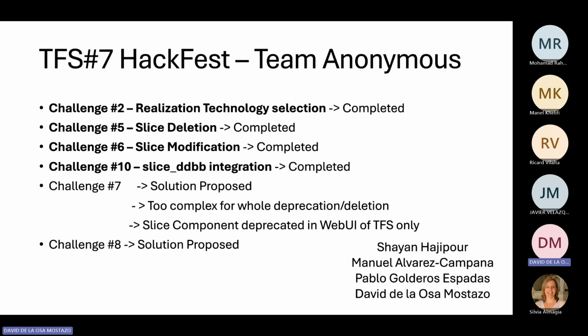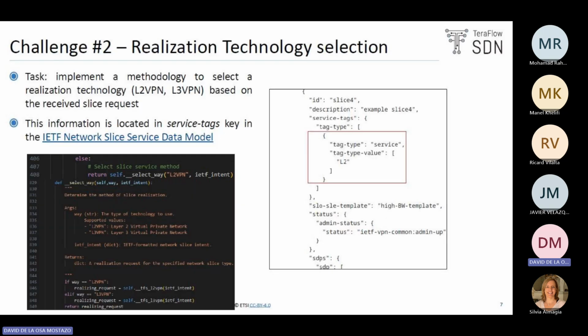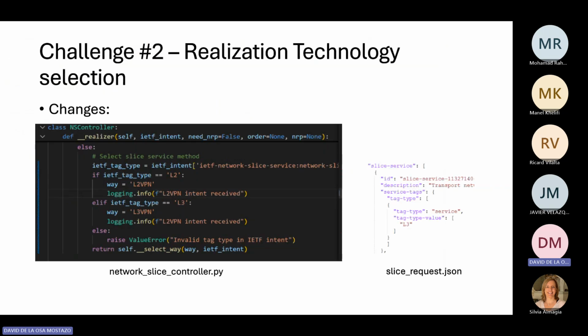The first challenge was to change the technology selection of the slices between level 2 and level 3. The problem was that it was hard-coded in the select way function. When we called the select way function, it was just hard-coded to L3 L2 VPN.